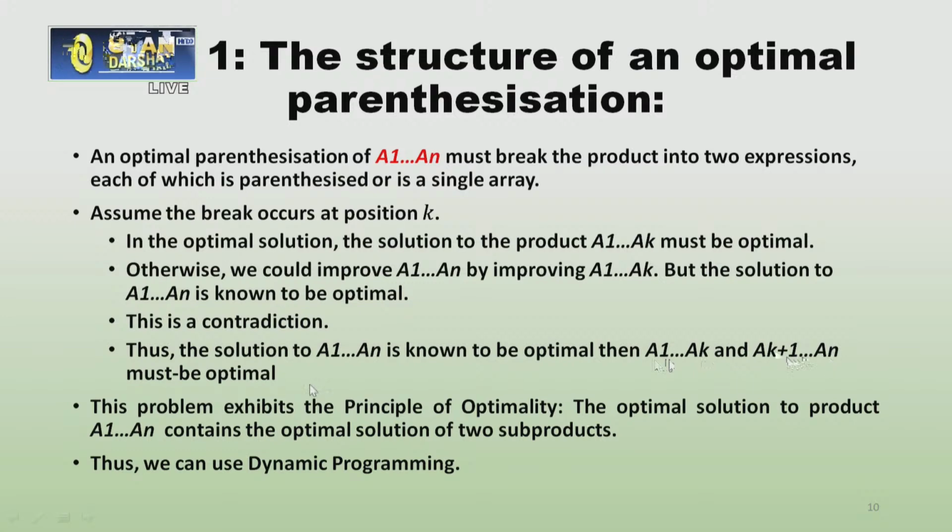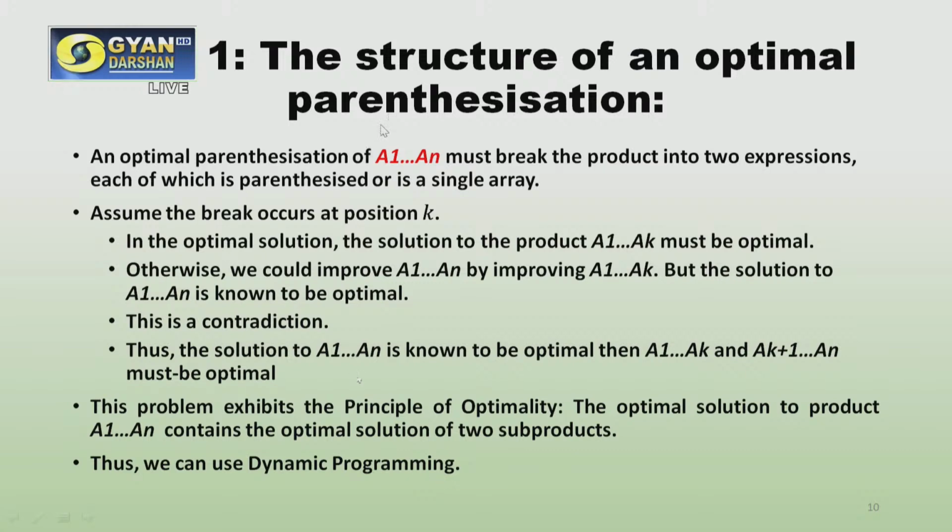So this problem exhibits the principle of optimality. The optimal solution to the chain multiplication A1 to AN must be an optimal solution of two subproducts. Then we can go for the subproduct, further subproducts, and so forth. Thus we can use dynamic programming.